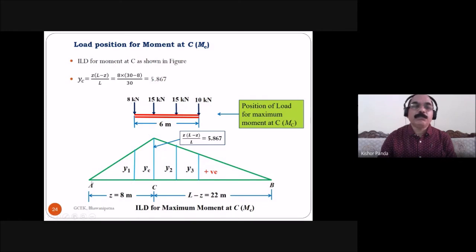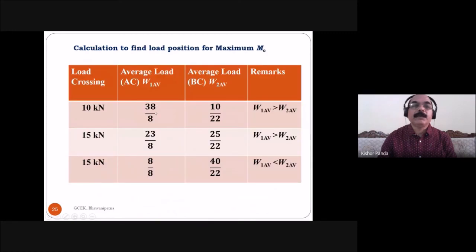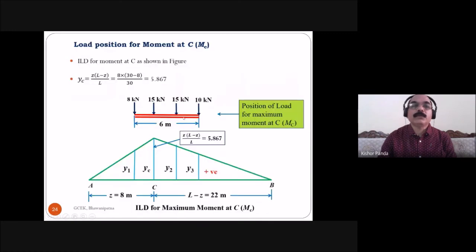And for the length AC, the total load present is 15 plus 15 plus 8, that is 38 by 8. And what is the total average load present on the right side of the section, BC? Here only this load is present, 10 divided by 22.